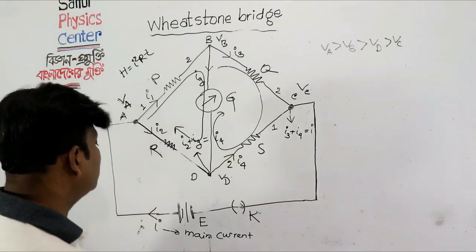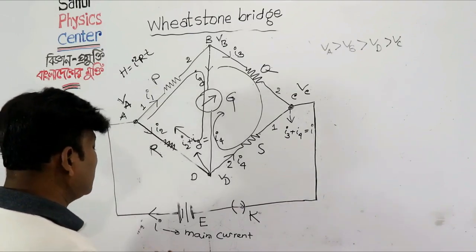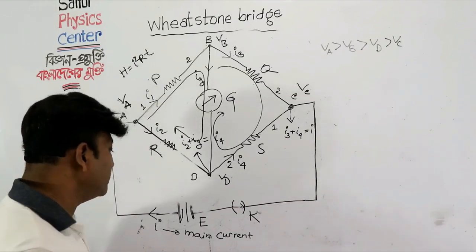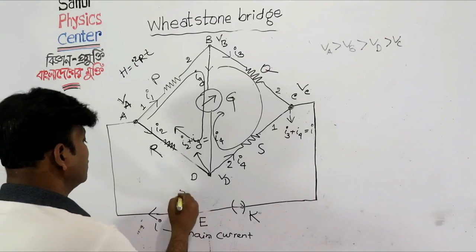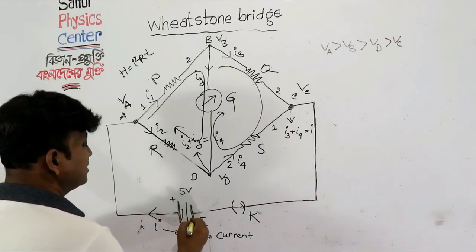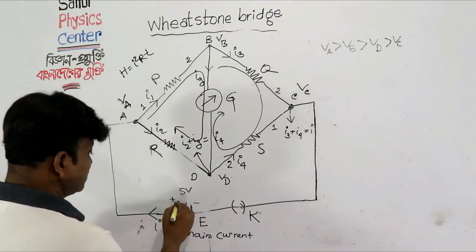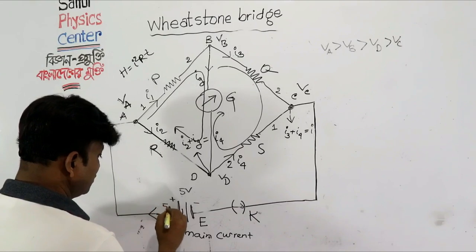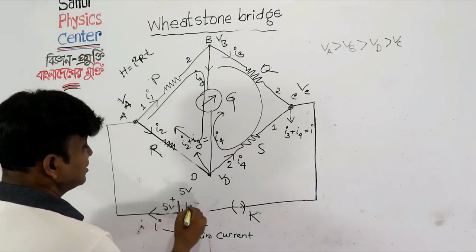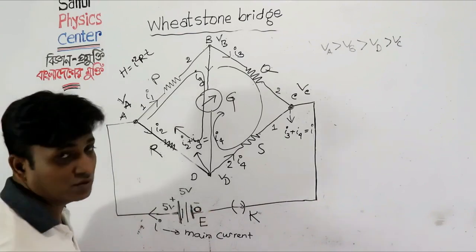Now here is the battery. We consider that the EMF value of this battery is 5 volt. This terminal is positive and this terminal is negative. You know the potential at the positive terminal is 5 volts, and the potential at the negative terminal is 0 volt.